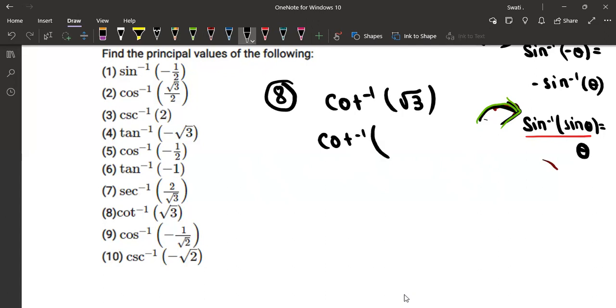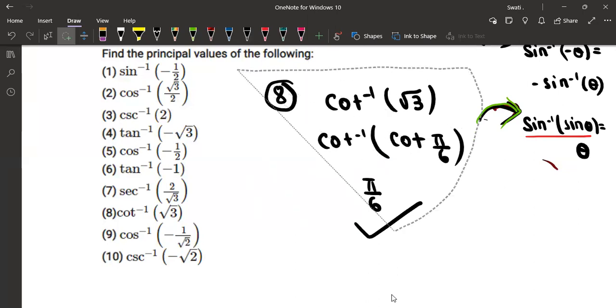So for cot 30, it is root 3. So cot, what is 30? Pi by 6. Most of the questions, I'm also observing, the answer is pi by 6 only. I think they just love this 30 degree. That is why every time it is pi by 6. But anyway, cot inverse cot theta, the value is theta. So pi by 6, that's the answer. It's as simple as that. Let's move to the next question.